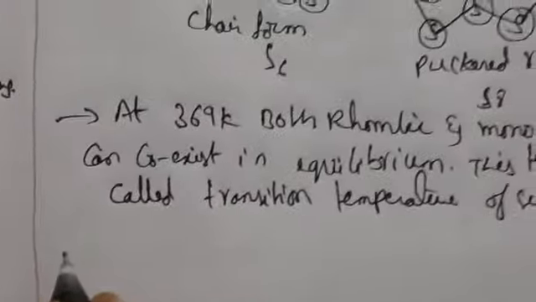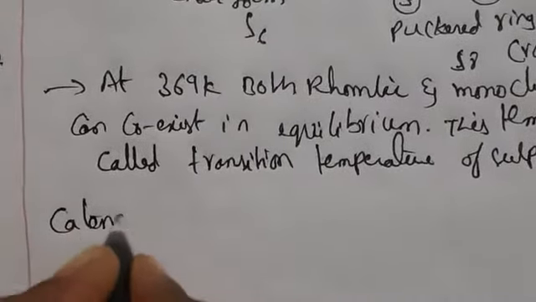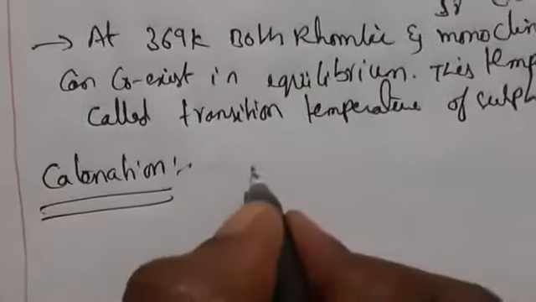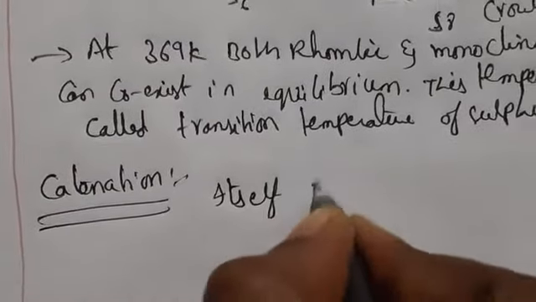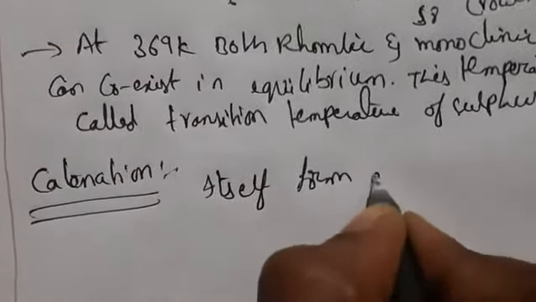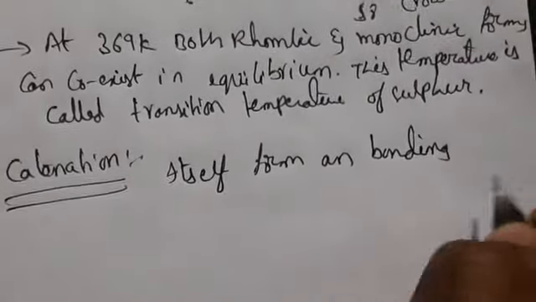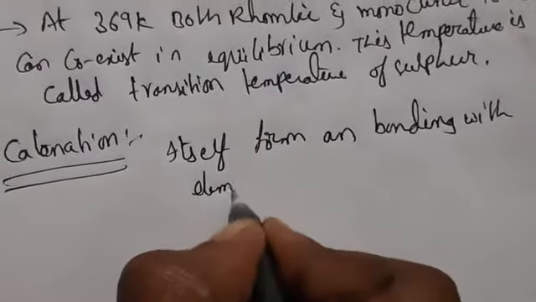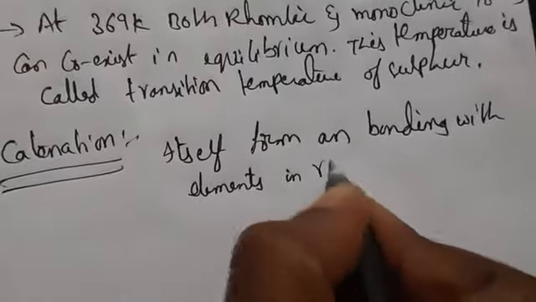Now let us discuss catenation capacity. What is catenation? Catenation is the property of an element forming bonds with itself in ring or chain form.